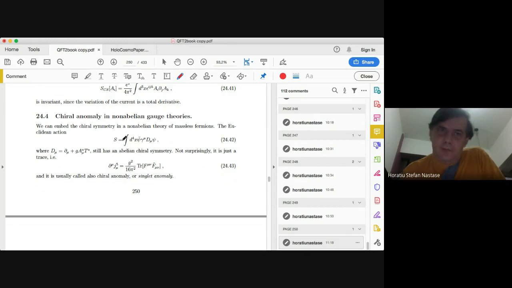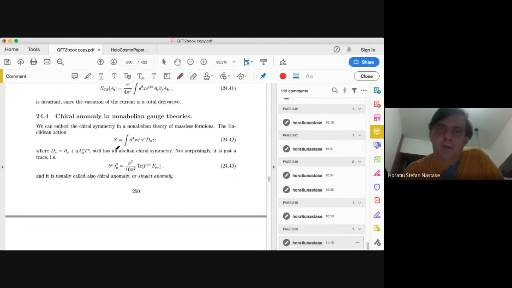So I can embed the U(1) chiral symmetry into this theory. So ψ going to e^{iαγ5} ψ is still a symmetry of this action.